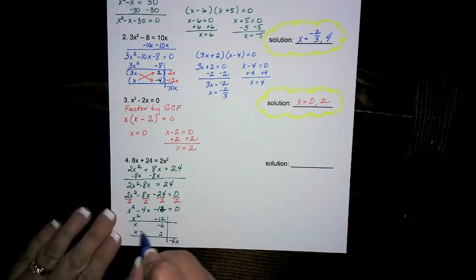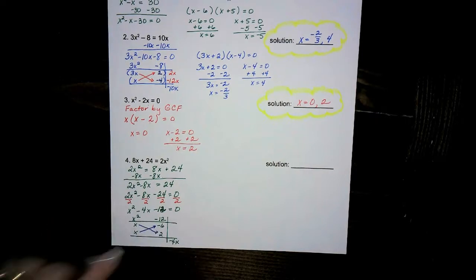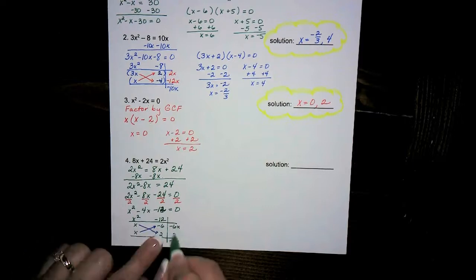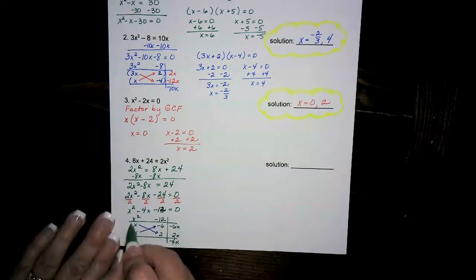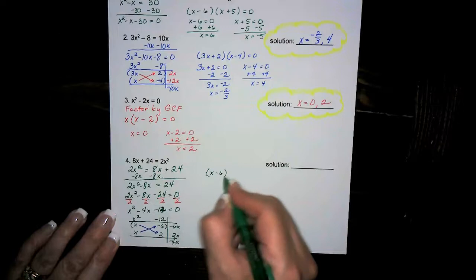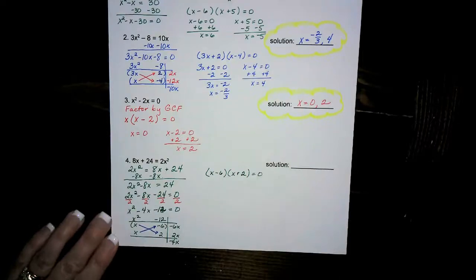Okay, so let's do our cross multiplying. x times negative 6 gives me negative 6x, and x times 2 gives me 2x. That's how they add to negative 4. So we'll get our parentheses from the rows. That gives me x minus 6 and x plus 2, and that equals 0.